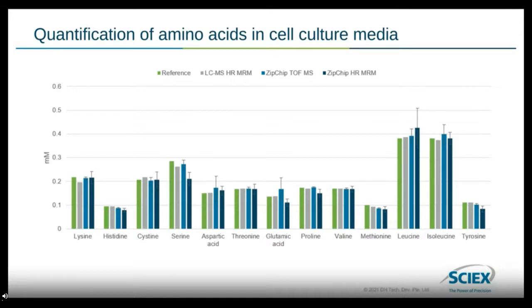And the two blue bars: the light blue one is the ZipChip based quantitation with the same MS instrument, but just based on the peptide mass. And the dark blue bar is the same quantitation on ZipChip, but using the MRM transition, so based on the fragments. And you can see all the quantitation results here are in the same ballpark. It's really reproducible and it's really comparable to the gold standard we were using so far. Plus, it's only a 4-minute analysis.